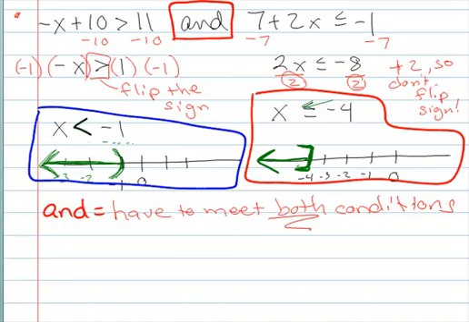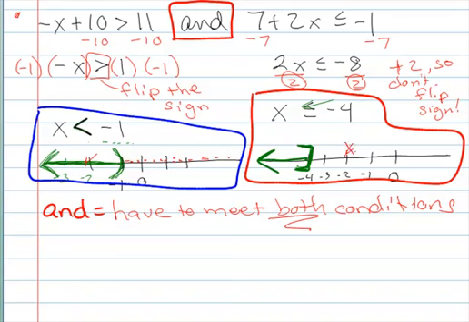So I can start investigating individual points, okay? None of these points over here are going to work because they don't meet this condition at all. So let's start off by testing negative 2. Negative 2 works over here, but what about over here?